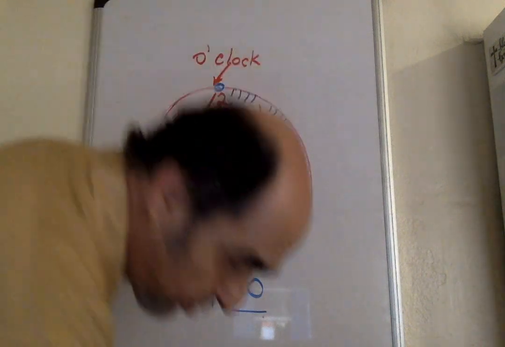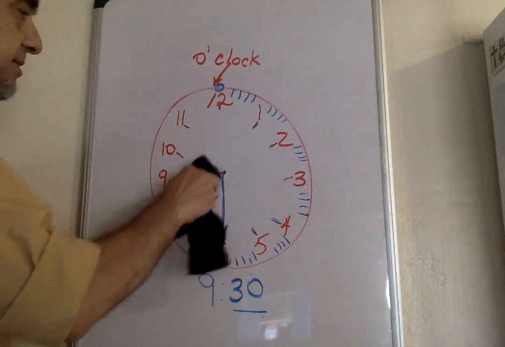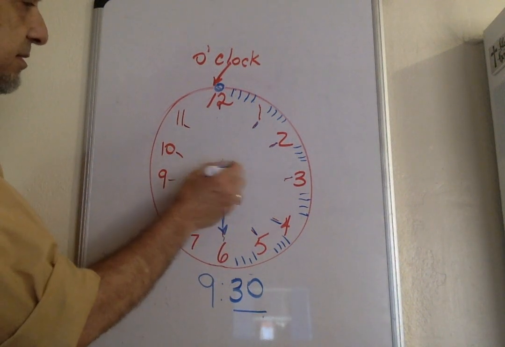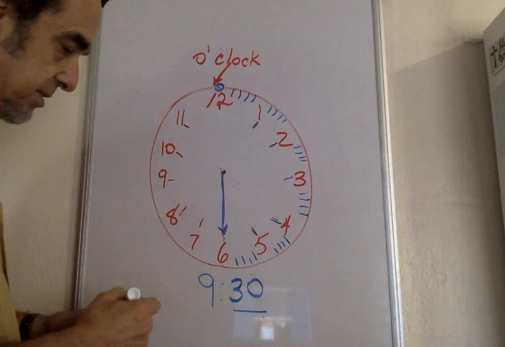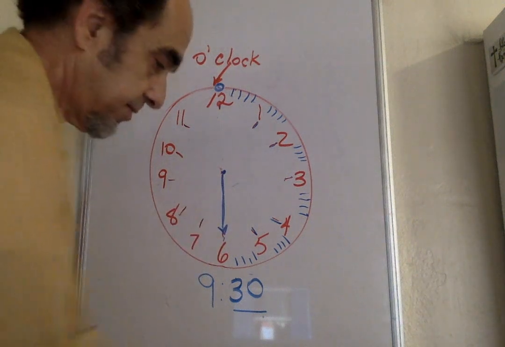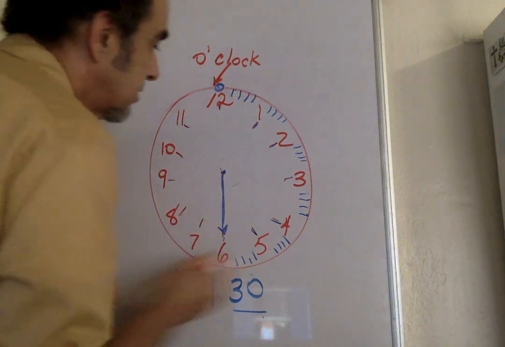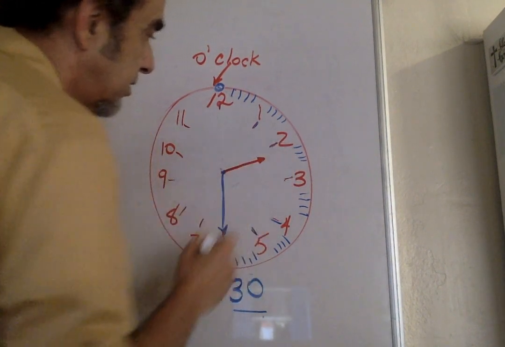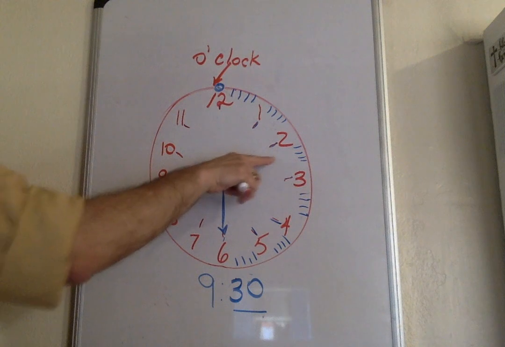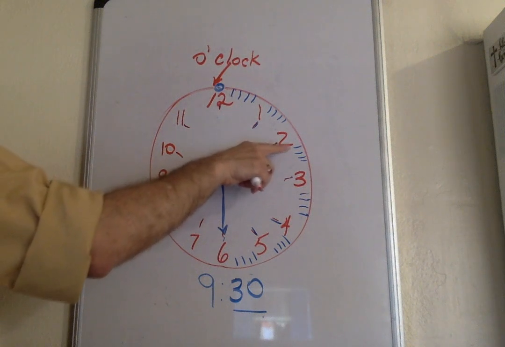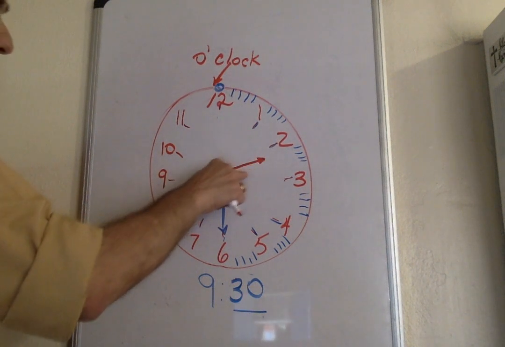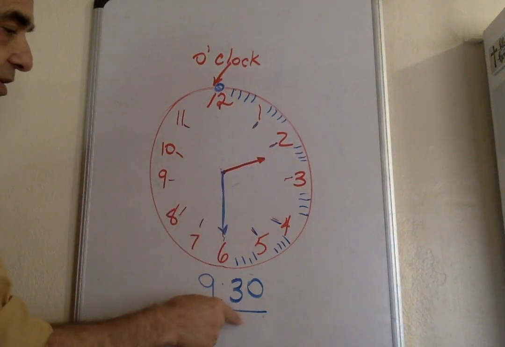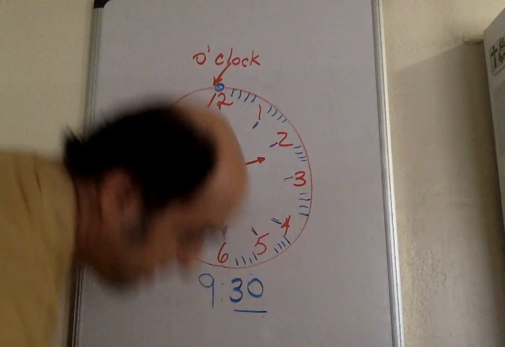Okay? Let's take another one. Oops. Wrong color. The short hand is more or less here. It would be between the 2 and the 3. But the point is, it's 2:30. So we need to change that.